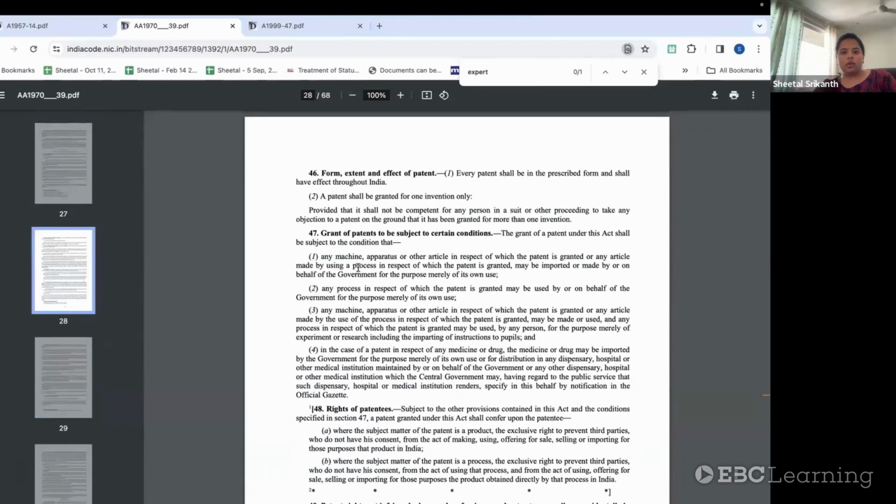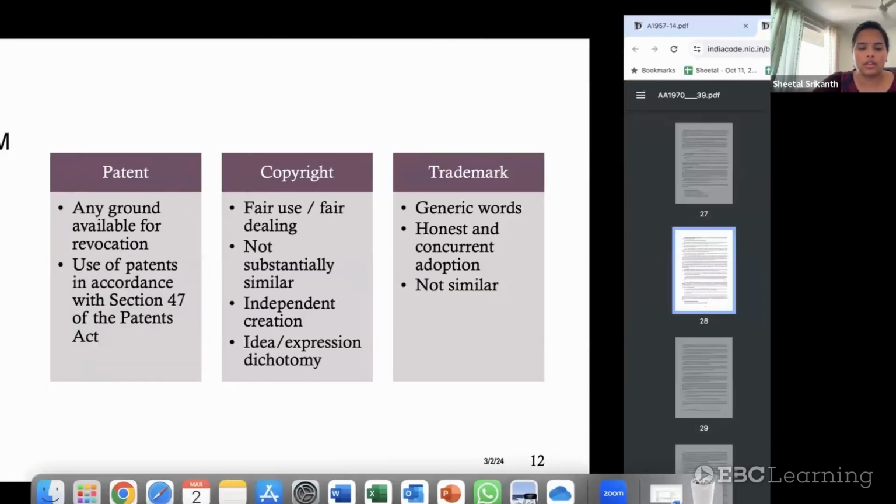So just quickly to cover these, the grant of a patent under this act shall be subject to the condition that any machine, apparatus or other article in respect of which the patent is granted, or any article made by using a process in respect of which the patent is granted, may be imported or made by or on behalf of the government for the purpose merely of its own use, right? Or a process which is meant for the government's own use. So these are examples of conditions that can be imposed on your patent registration.